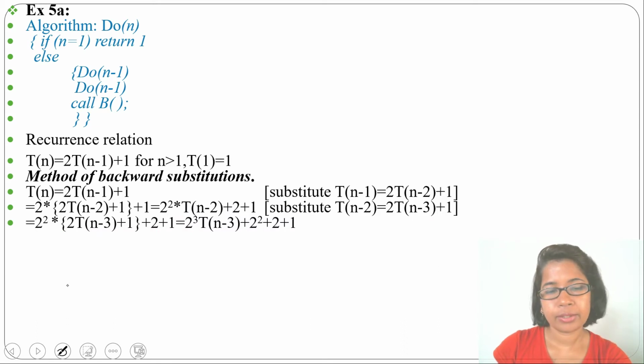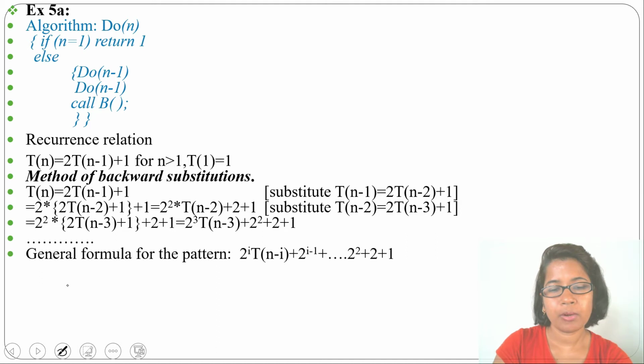Like this it will continue. From this we can get a general pattern: 2 power i T(n minus i) plus 2 power i minus 1. You can mark here that when it is 2 power 3, the last term is 2 power 2. So when it is i, we write 2 power i minus 1. Like this it will continue: 2 square plus 2 plus 1.